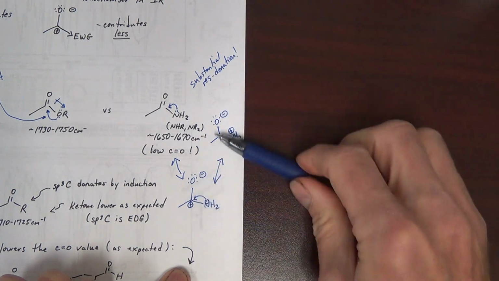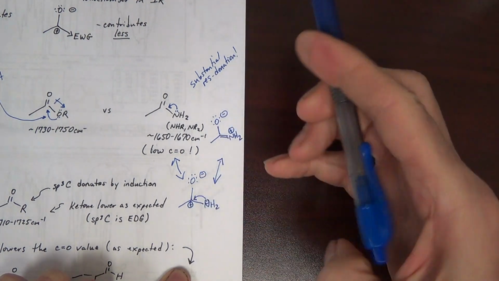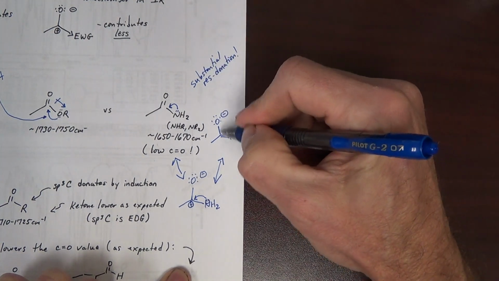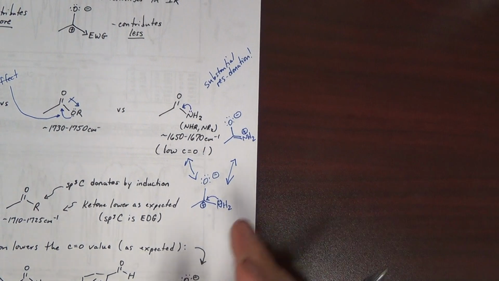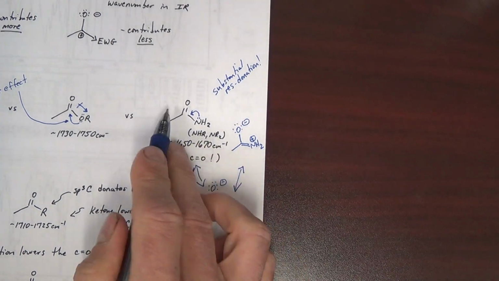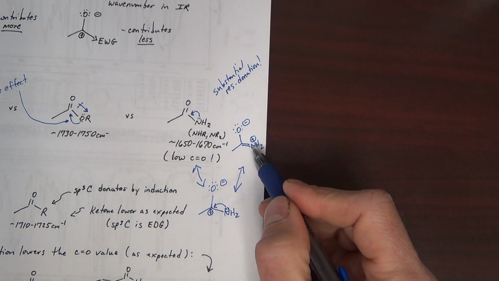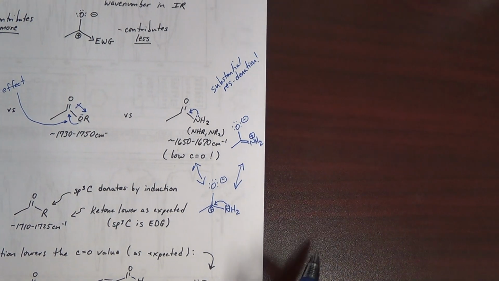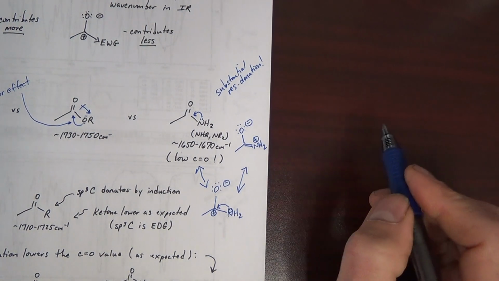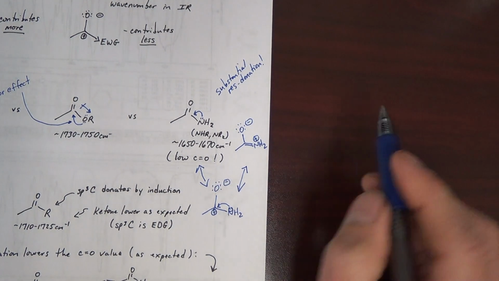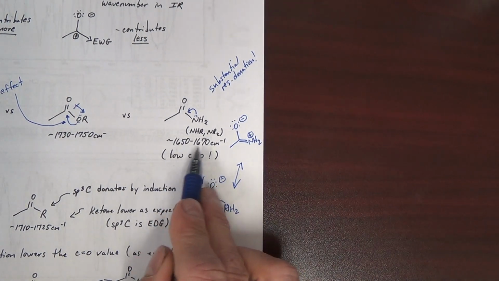Together we have even more contribution towards single bond between the C and the O compared to double bond. So nitrogen likes to donate a good bit because nitrogen doesn't mind becoming positive. We've said these things a number of times. Stronger donator by resonance.